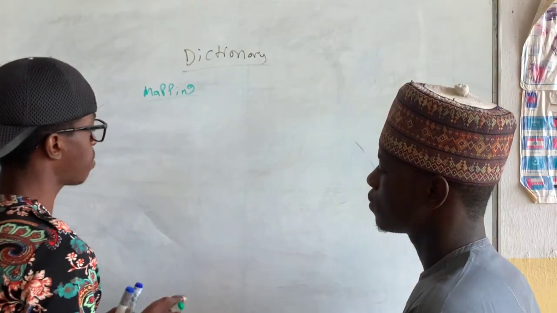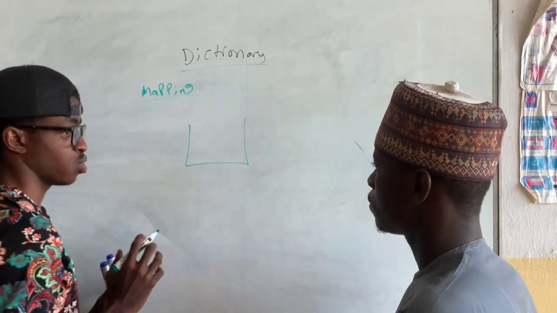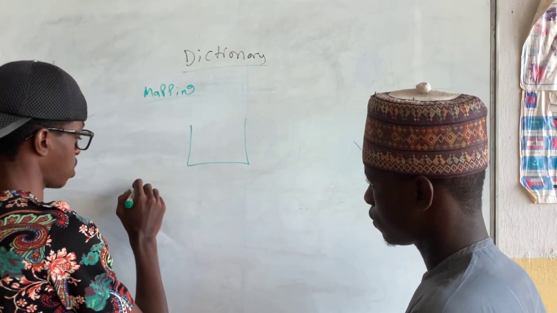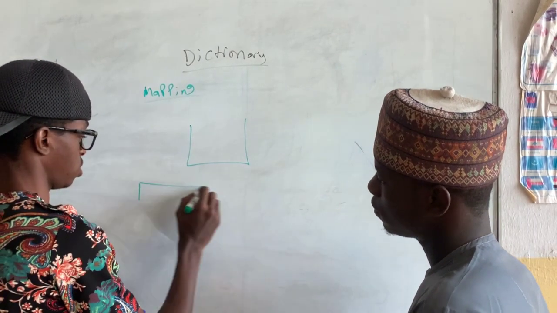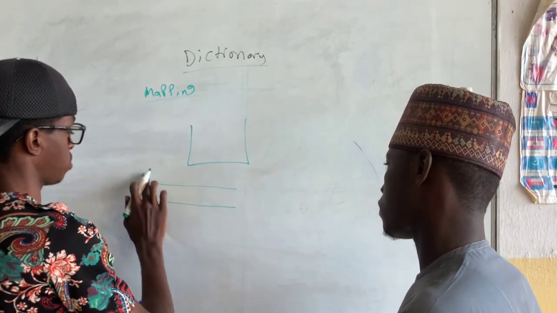A dictionary is a type of basket used to store items in a different way. We know a list is something like this. Maybe let's draw it just like a file.